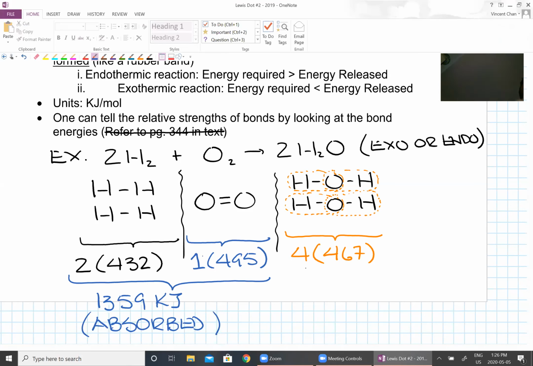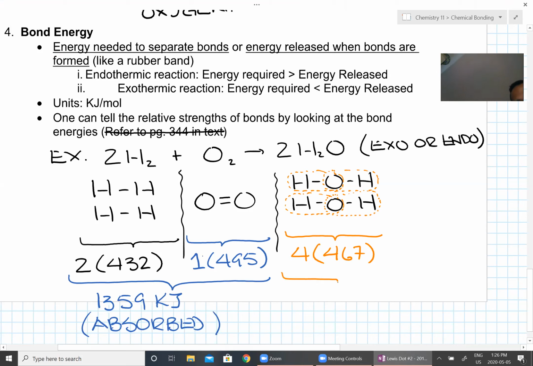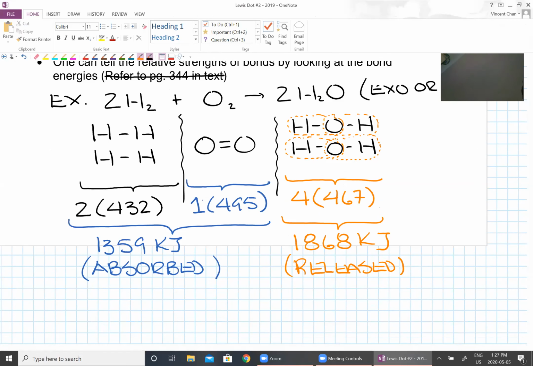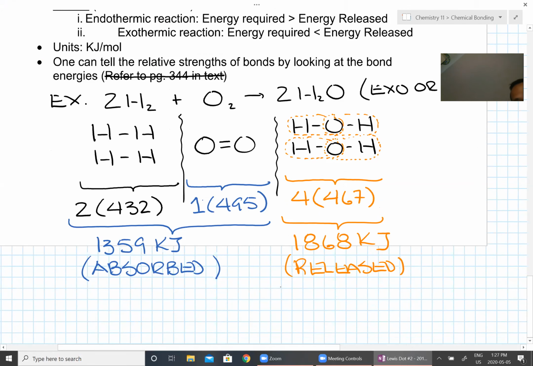Here, this one is 1868 kilojoules released. Now, because there's more energy released here, since this is greater, therefore, exo reaction.